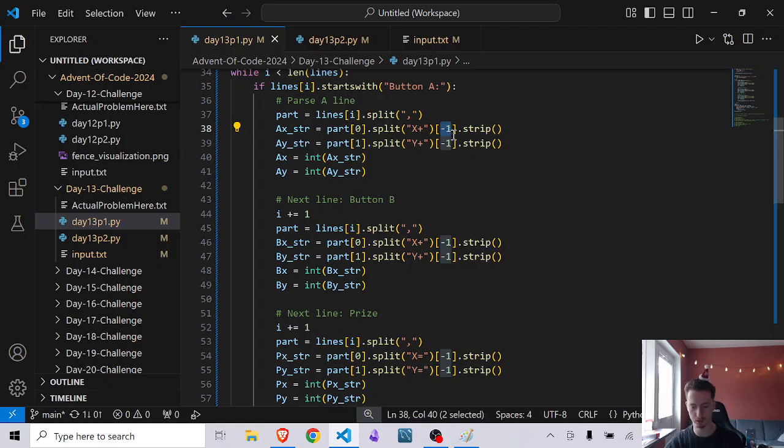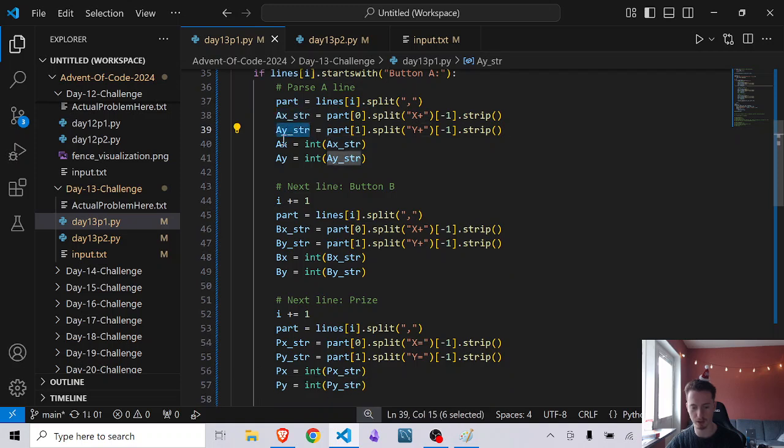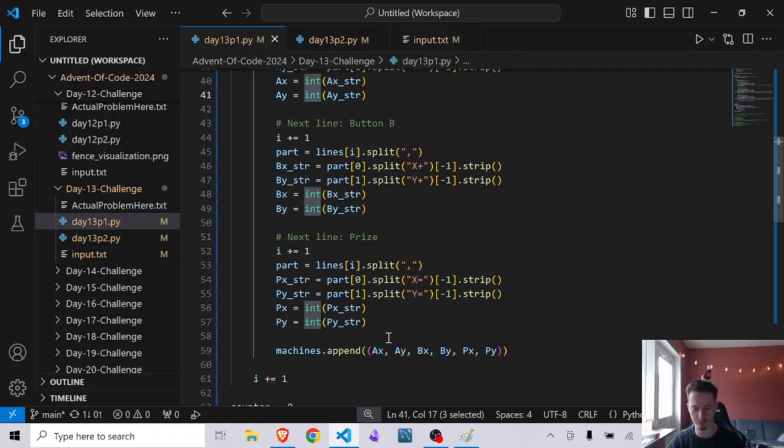We can also say the number 1, because the index starts at 0, so 1 would be the second one. But if we say -1, it also means to find the last one, so it's the same thing. Then I do strip, and then we have AX as a string and AY as a string. We convert them to integers, of course, and we do the exact same thing for B and the exact same thing for the price.